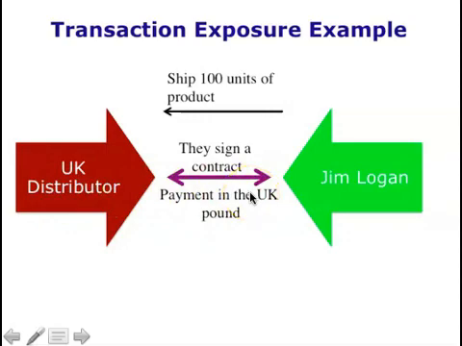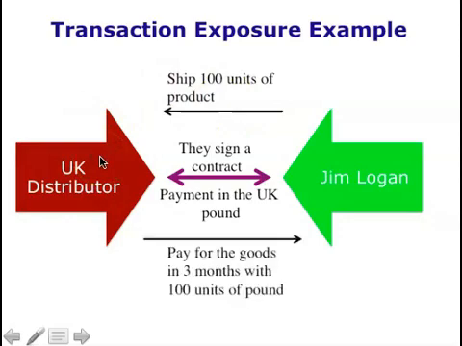Okay, so after the signing of the agreement, Jim will export 100 units of product to the UK. The payment is not made today, it's not made immediately. This is not cash and carry.